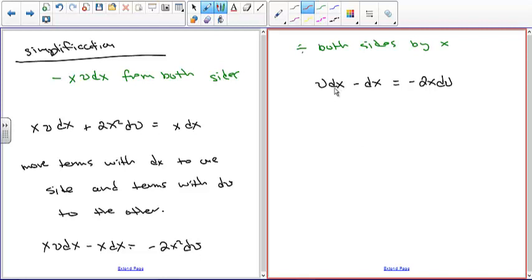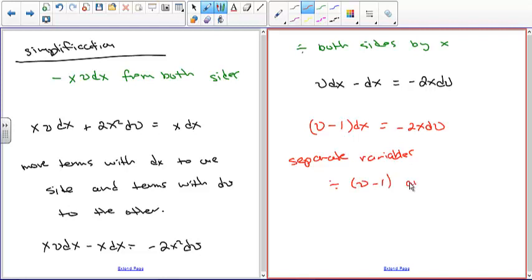Okay, now the next thing we can do is factor out the dx. So if we do that, we'll get nu minus 1 times dx on the left-hand side. And on the right-hand side, there's nothing I really can do because I've only got one term. Okay, now separate variables. So I can divide by nu minus 1, and I can divide by x.